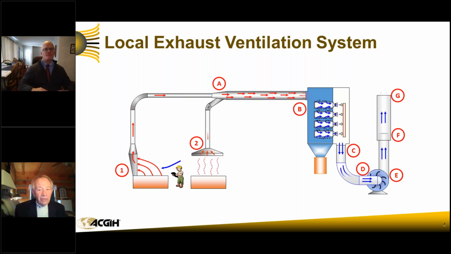In this case, pulling through these two hoods, hood 1 and hood 2, protecting our worker who is using good work habits, and the air will accelerate into the hood, getting 100% of the contaminants, hopefully, if designed correctly, taking it to an air cleaning device, which is B, and then into the motivator, and then to the stack, which goes to atmosphere.